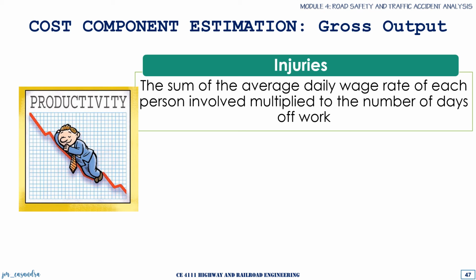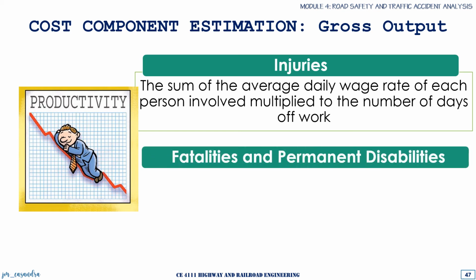So let's say the average daily wage of person A is $350 per day, and then the average wage of person B involved in the accident is $300. So take the sum of their average daily wage and then multiply it by the number of days they have to be absent because of the accident. That will be your gross or your productivity loss cost, or the lost output cost.